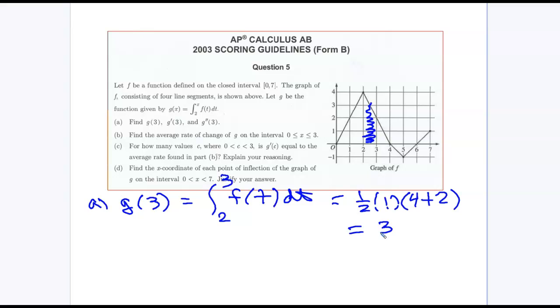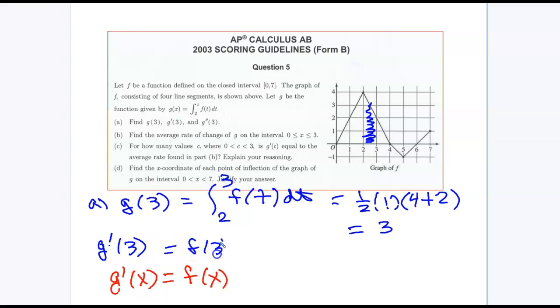Now, if I wanted to find g prime of 3, that's going to be the derivative of my function g. The derivative of g is g prime. Because I'm going from a constant to x, the derivative of my integral is simply f of x. So g prime of 3 is really equal to f of 3.